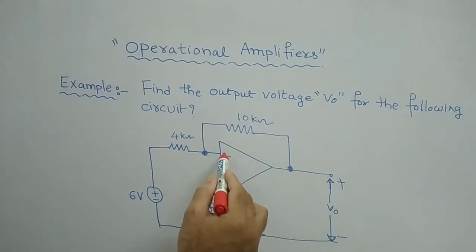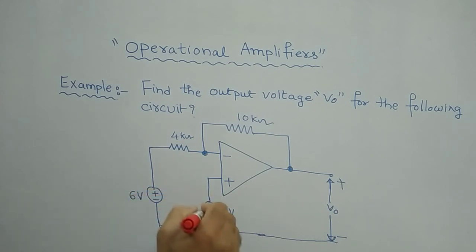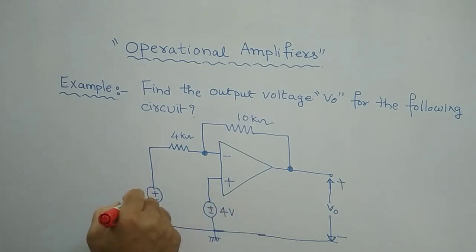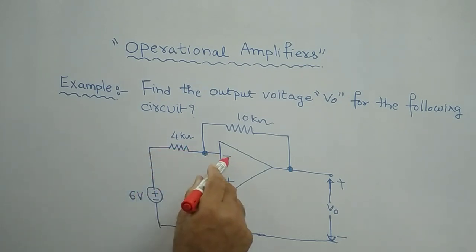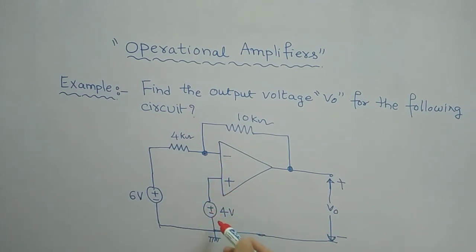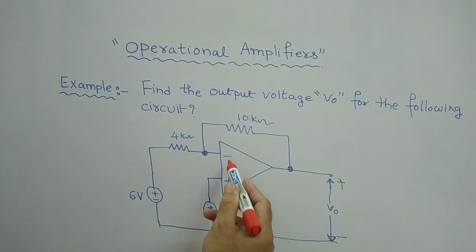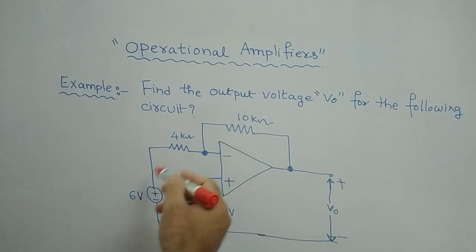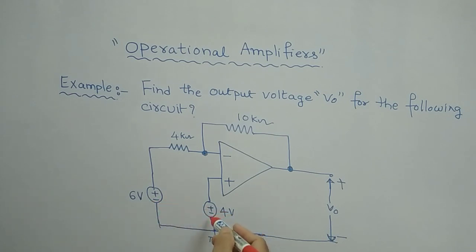For this circuit, two input supplies are connected. One is 6 volts, connected to the minus terminal, and 4 volts is connected to the plus terminal. For both input terminals, minus and plus, two power supplies are connected correspondingly.